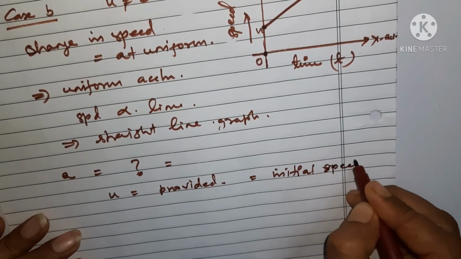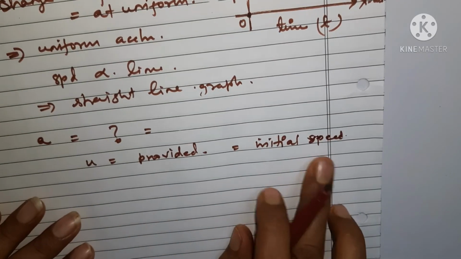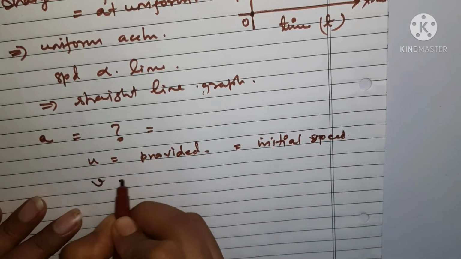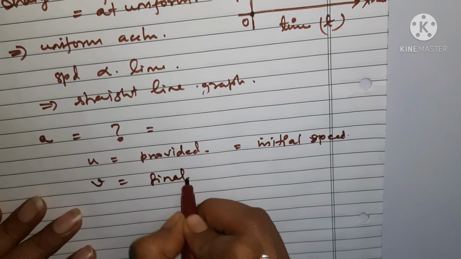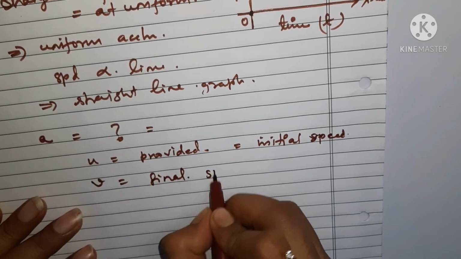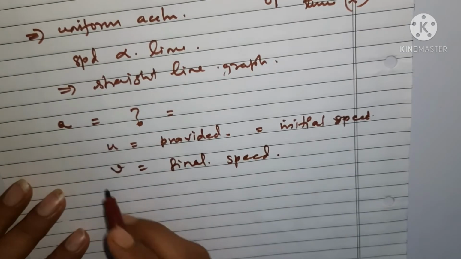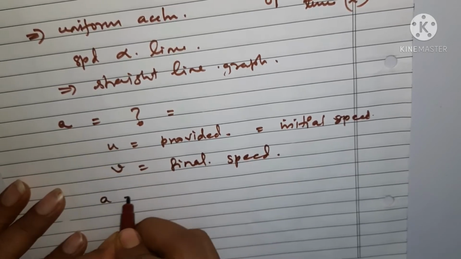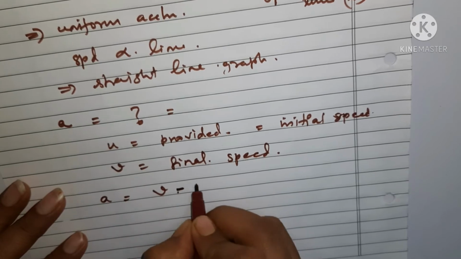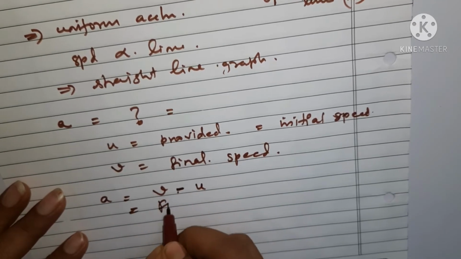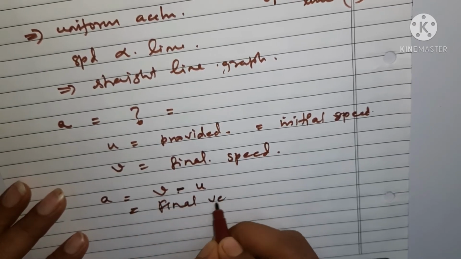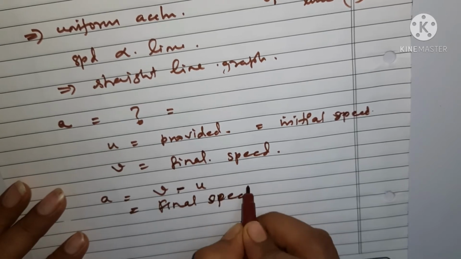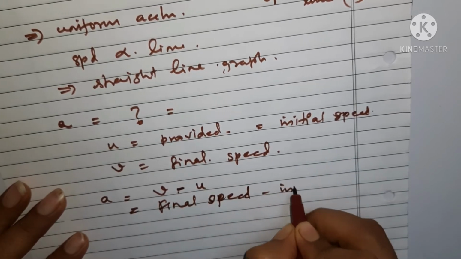We are considering speed in all the cases. We'll use the word speed only, and v is the final velocity. So in both the cases, you can just observe these two, and simply to get acceleration you have to do v minus u, that means final speed minus initial speed. Understood?